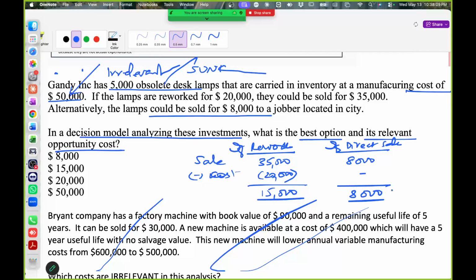Now, not only Divya, by this time people should talk. What is the best option? So, to sell to a jobber. Why? Because there is less cost over there. Are you all seeing this?